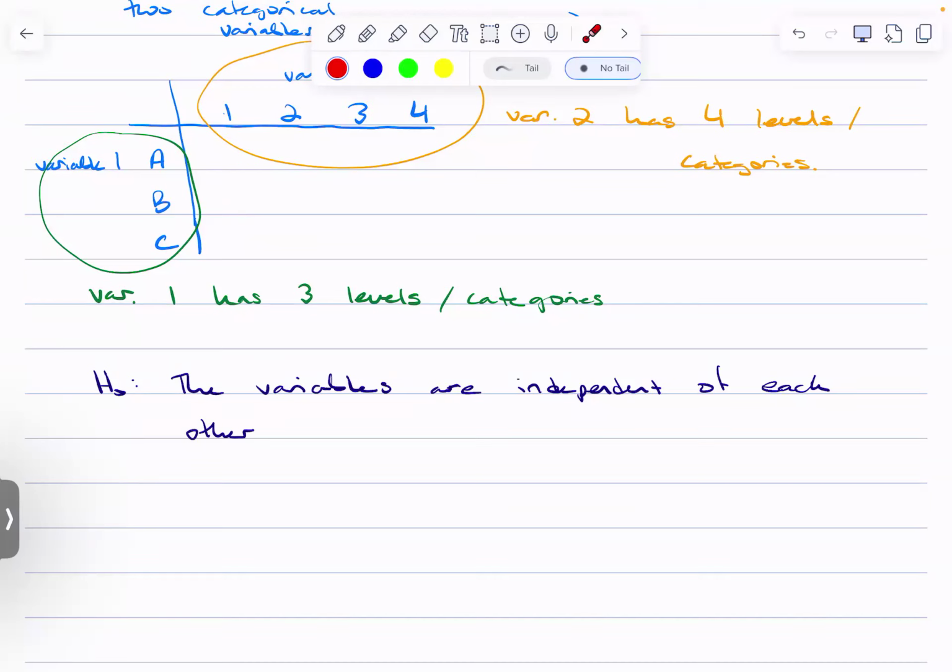And same thing for level 2 and level 3 and level 4. We could flip it for A as well. We would expect it to be kind of the same for A, B, and C. And so that's what we're going to hinge it on.